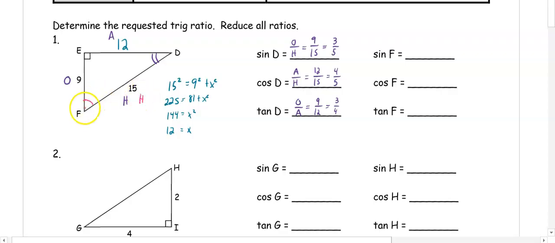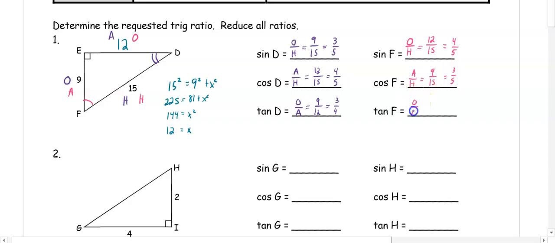When you switch your reference angle, so now that we're looking at angle F, our hypotenuse is going to stay the same, but now across from F is 12, so that is our opposite, and next to F is 9, which is now our adjacent. So the sine of F, opposite over hypotenuse, 12 over 15, which is 4/5. The cosine of F, which is adjacent over hypotenuse, is 9 over 15, which reduces to 3/5.